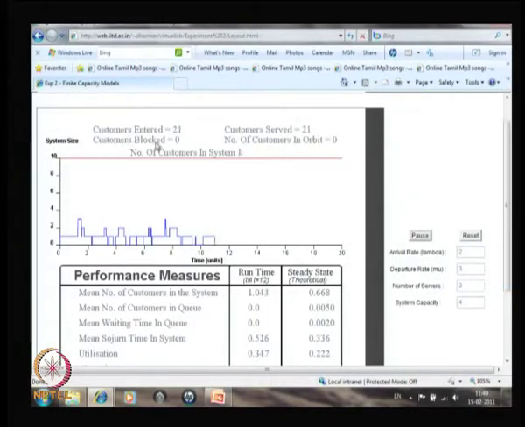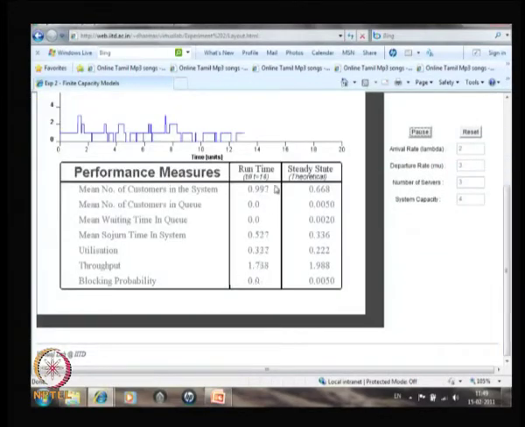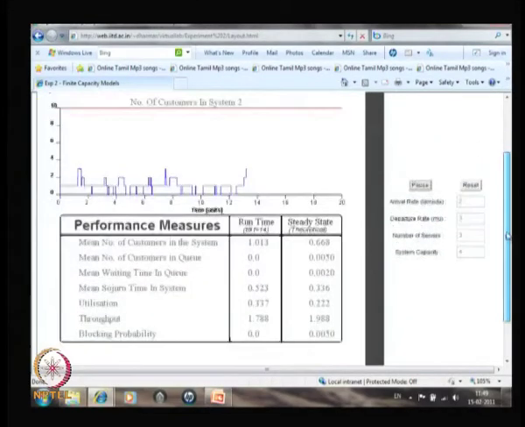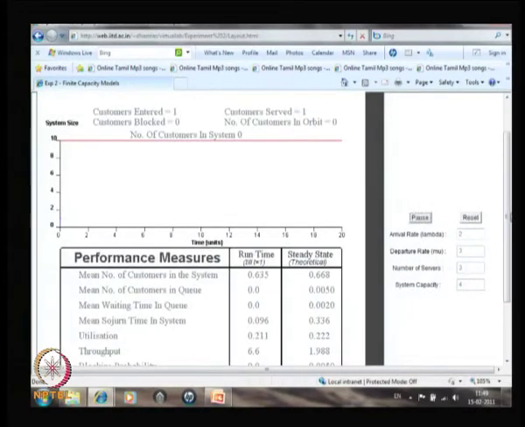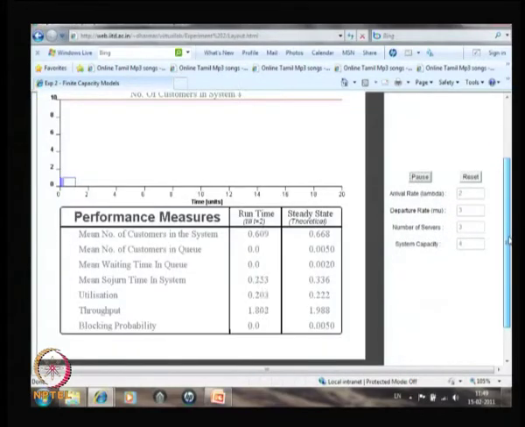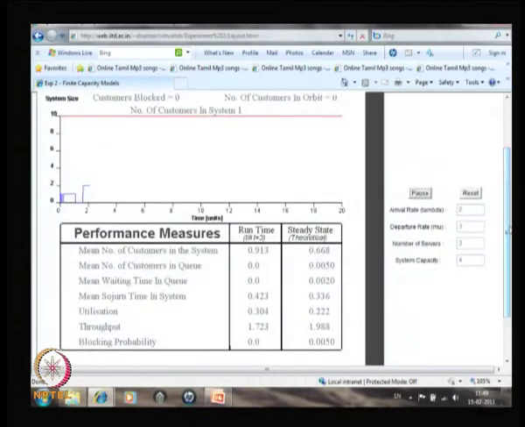The number of customers blocked is till now 0, therefore you are getting the blocking probability 0 at this runtime. Suppose you run it again, let us see. Now also it does not cross the system size.